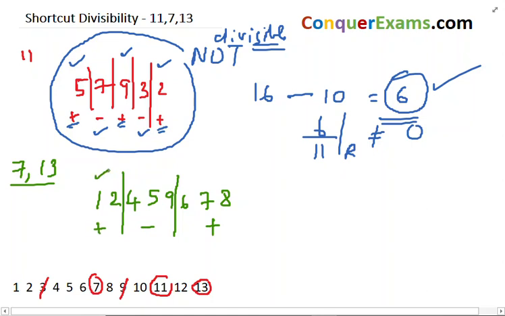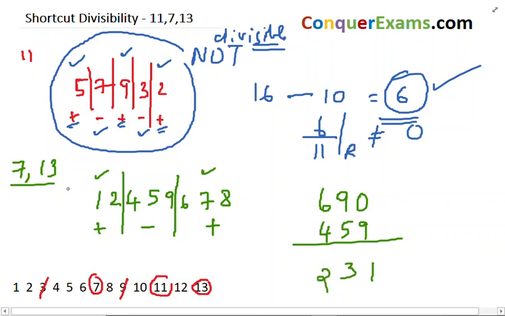So you add all the pluses together: 678 plus 12 is 690, and then you subtract the minuses from it. You have to subtract 459 from it. You are left with 231.